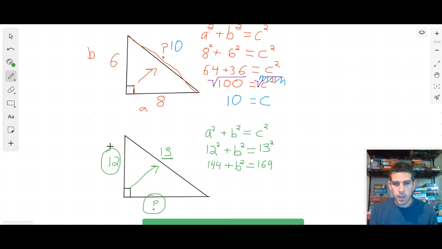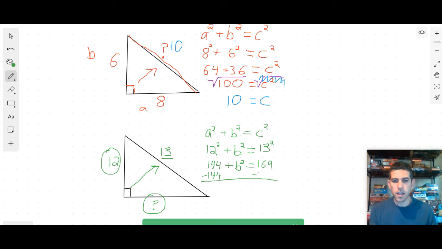Now at this point, I'm not ready to go jumping into square rooting yet, because I have this 144 still here. So I'm going to get rid of that 144. I'm going to move it away from my variable B by subtracting it from both sides. I can use inverse operation, doing the opposite of adding 144.